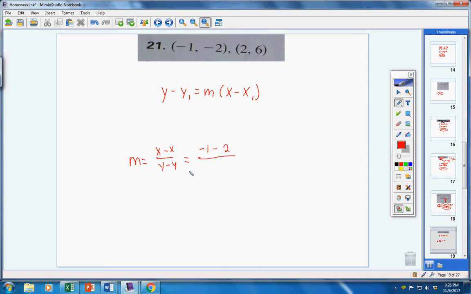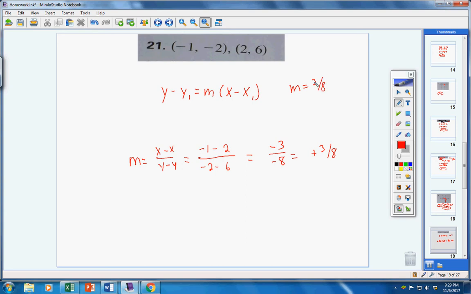My first y is negative 2 minus my second y, which is 6. So negative 3 on top, and negative 8 on the bottom. Negative over negative is positive. So there's your slope.